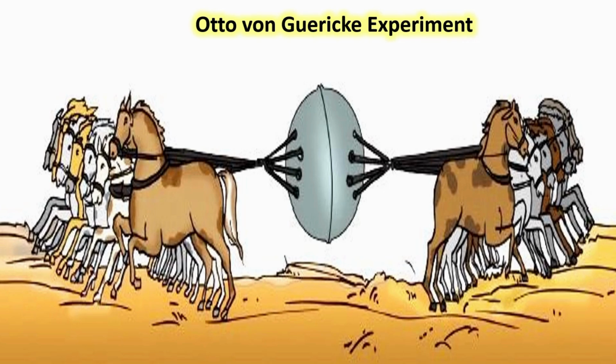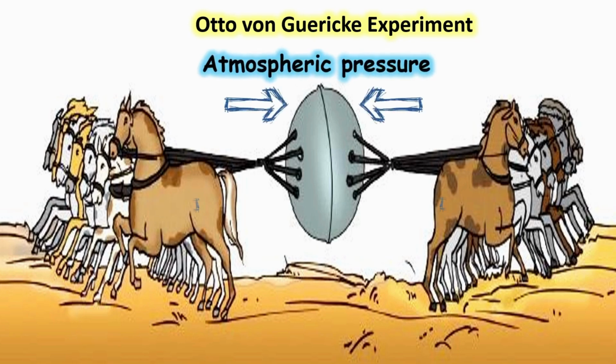Then he joined those containers and applied horses in both directions, but those horses couldn't separate the containers. This is because the atmospheric pressure keeps the containers together, and that's why they couldn't get separated.